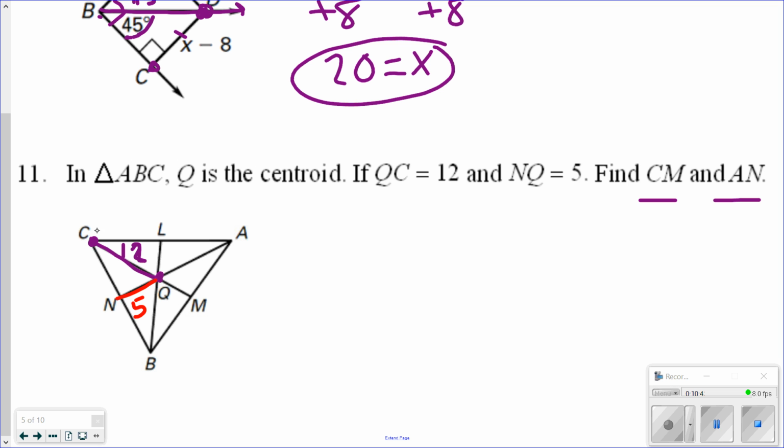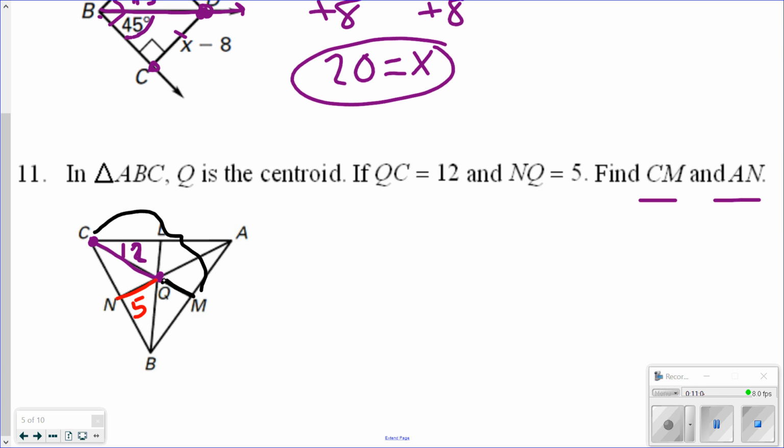All right, so CM is this entire segment right here. Well, let's think about our trick for centroid. If CQ is 12, and we know it's 2/3 of the entire length, that means that QM is 1/3 of the entire length. How do they compare? Well, CQ is double the length of QM.